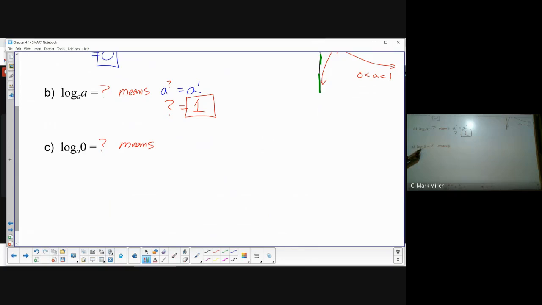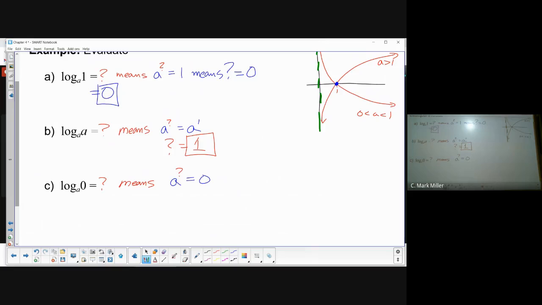So this means A to the question mark equals 0. What power do I have to raise A to get 0? You're tempted to say 0, right? But A to the 0 power is what? 1. Right?